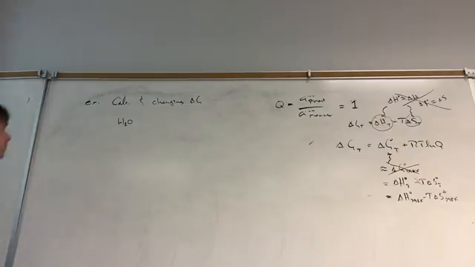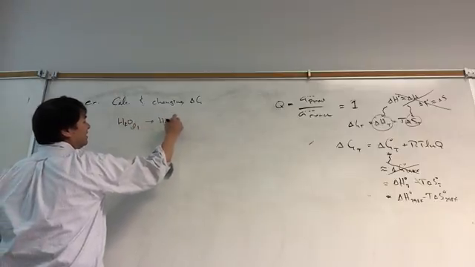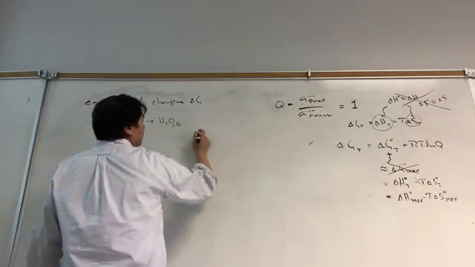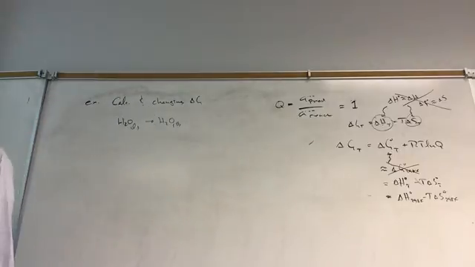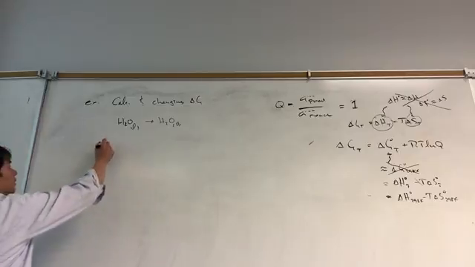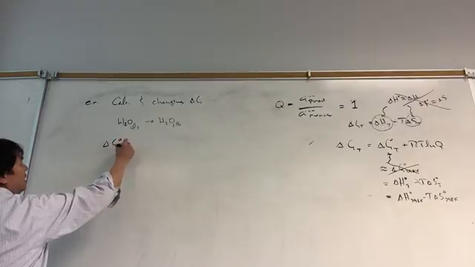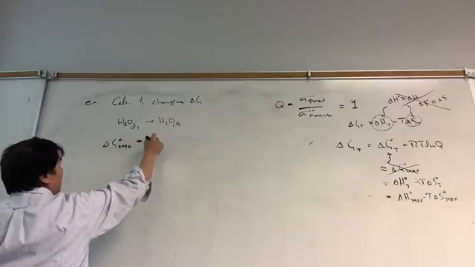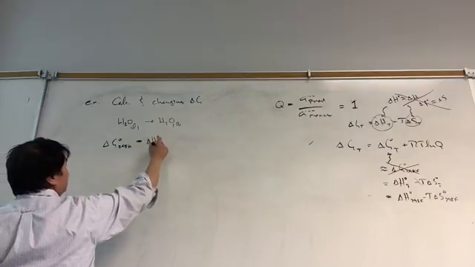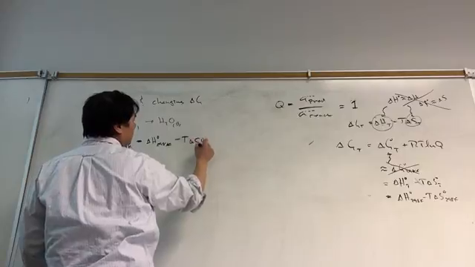And so I want you to do this. We're going from H2O liquid to H2O gas. I want you to calculate delta G two ways. I want you to calculate delta G naught at 298 Kelvin using this equation: delta H naught at 298 Kelvin minus T delta S naught at 298 Kelvin.